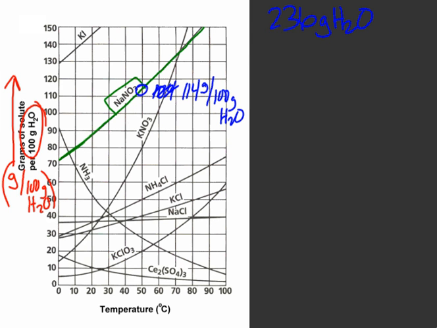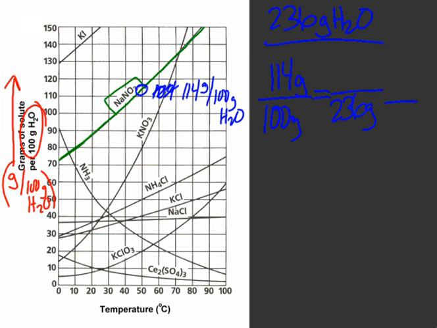Okay, but this graph doesn't show me 100 grams. It doesn't show me 236 grams. It tells me 100 grams. So what I'll use is a proportion. So if I want to find out how much solute I can add to a solution to make it saturated, if I have 236 grams of water, I can use the 114 grams of solute per 100 grams of water, and I can just make a proportion, 236 grams.